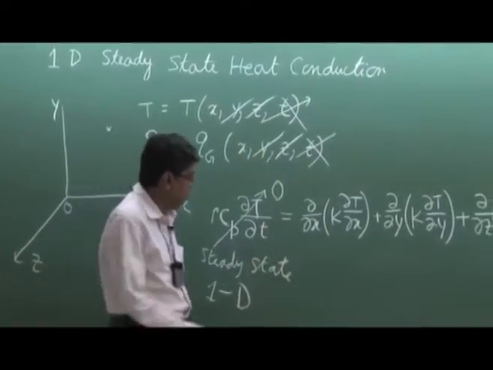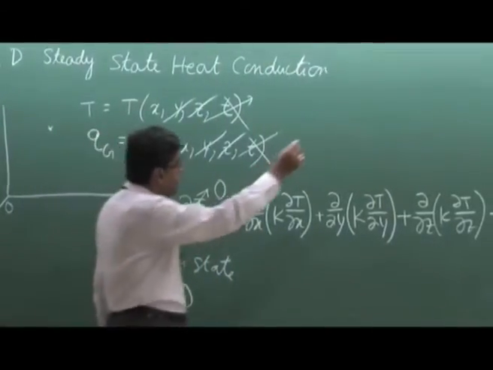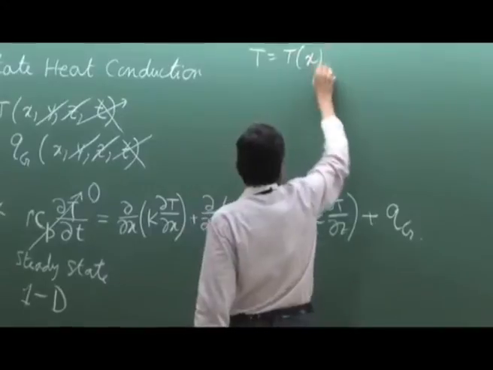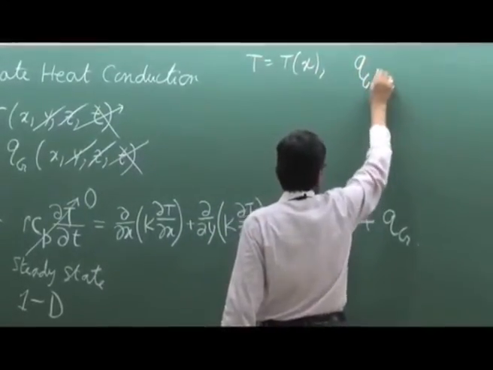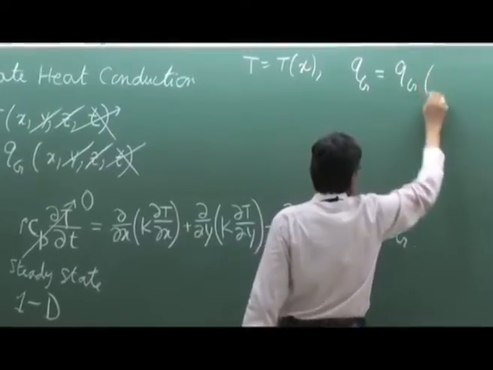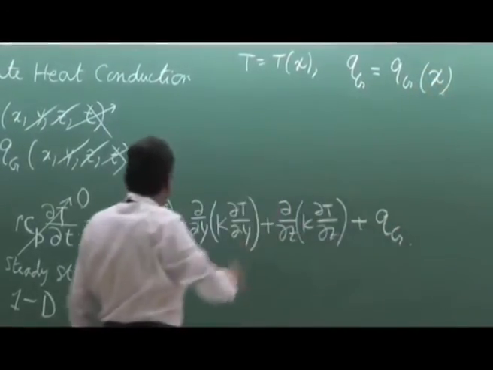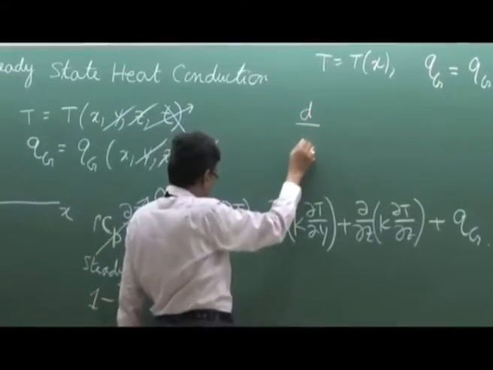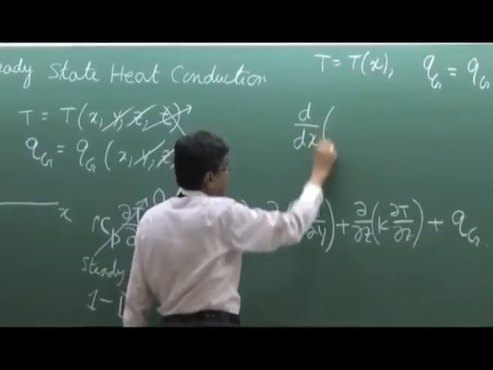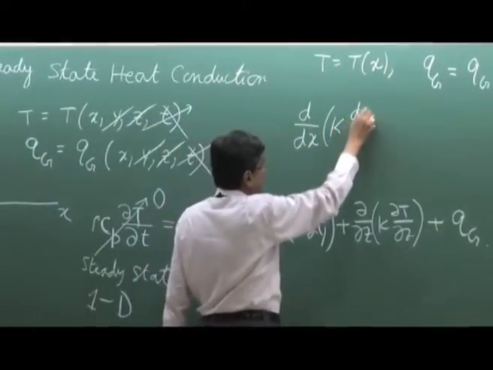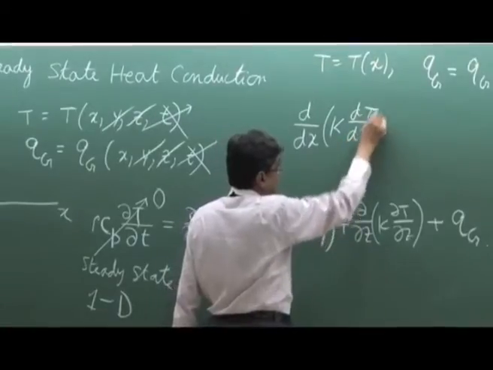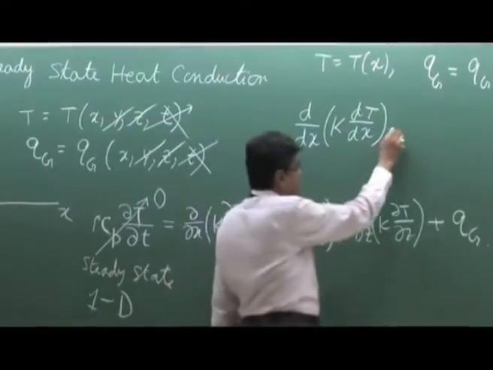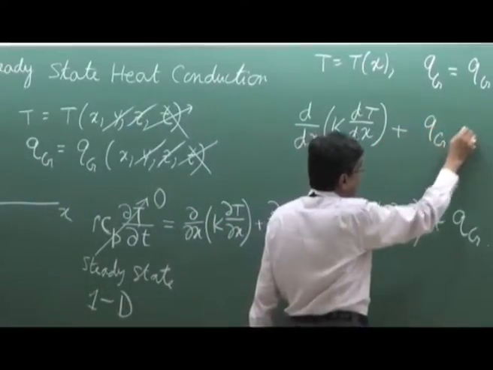In that case, we can write this equation with this nomenclature. T is a function of x and Qg is a function of x. We can write, instead of partial derivative now, we can use the ordinary differentials, that d dx of k dT dx, ordinary differential, because T is a function of x only, plus Qg is equal to 0.